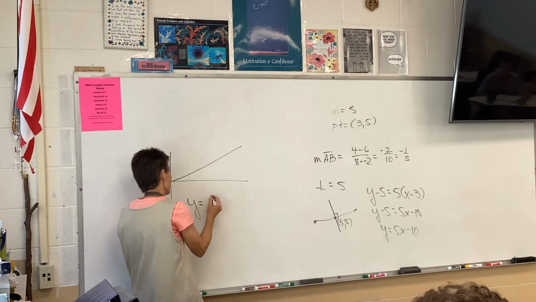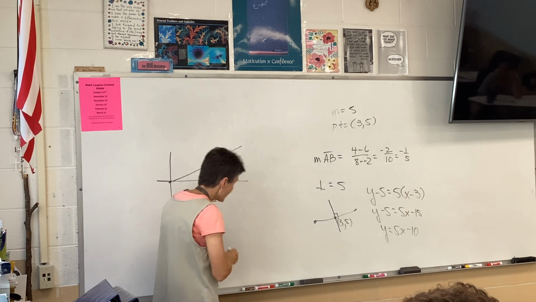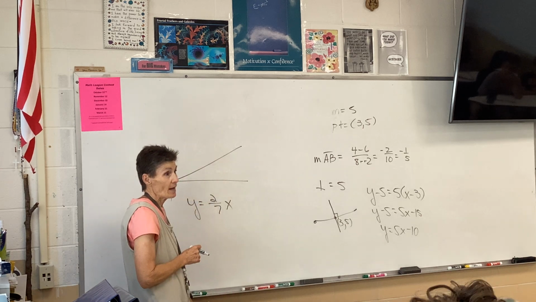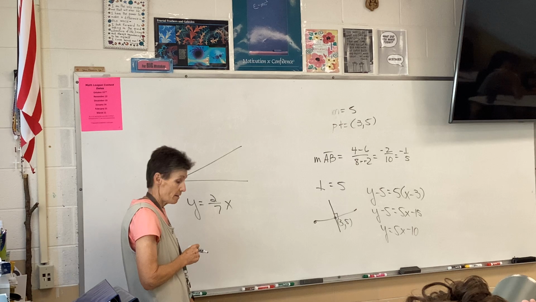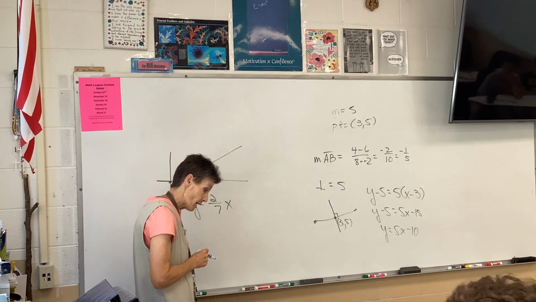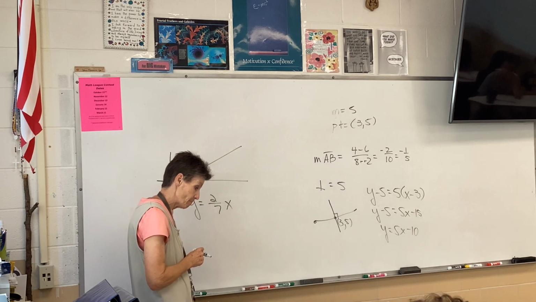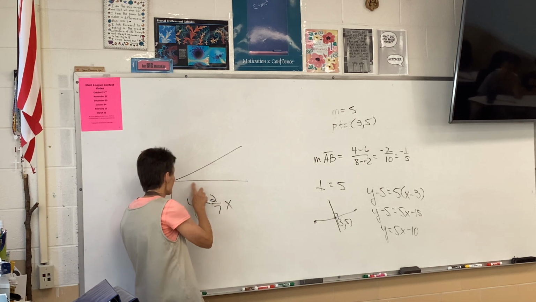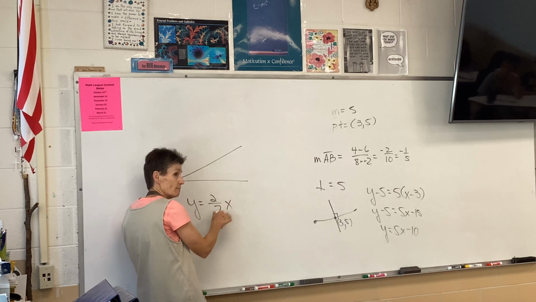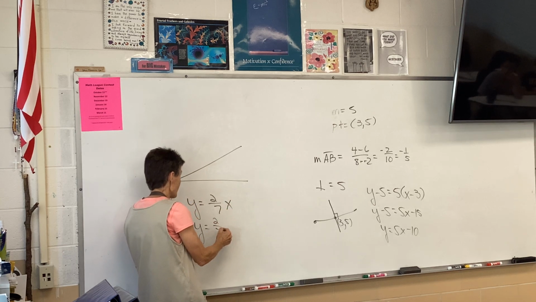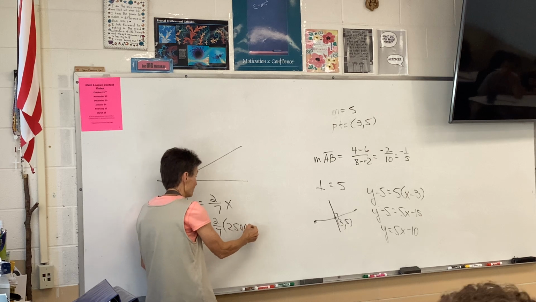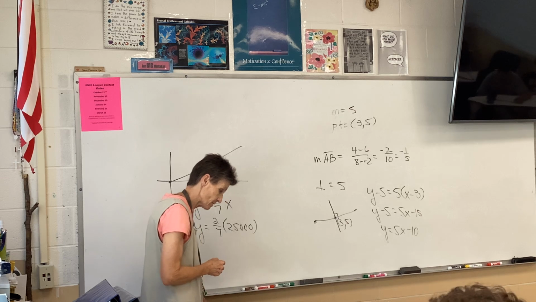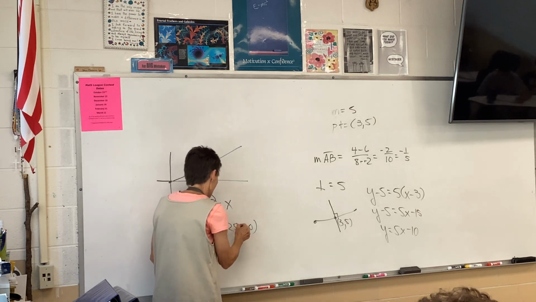So y equals 2/7 x is the equation of my line. That's the plane. And then I want to know how high it will be after it flies 2,500 feet in the horizontal direction. So this is 2,500. It's just going to be 2/7 of 2,500, or 25,000. 250,000, sorry.